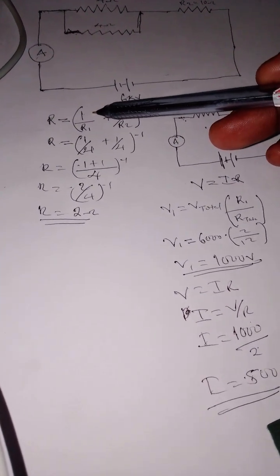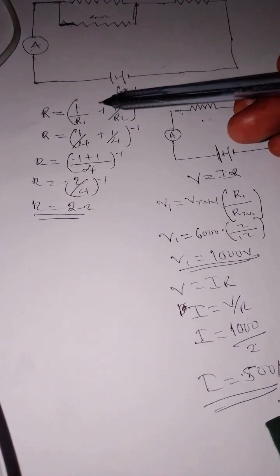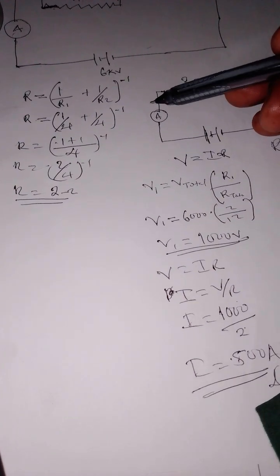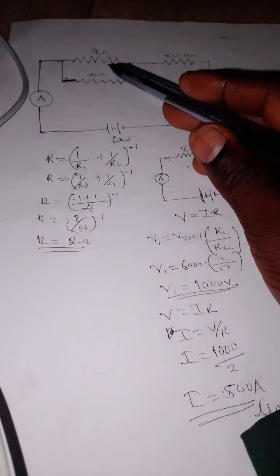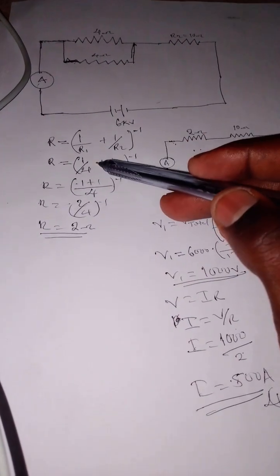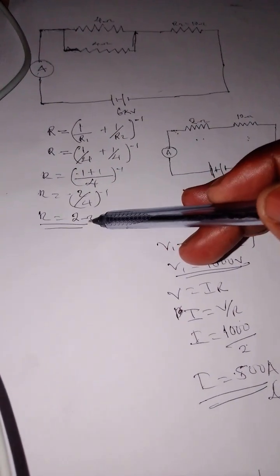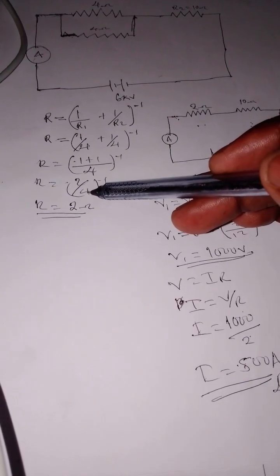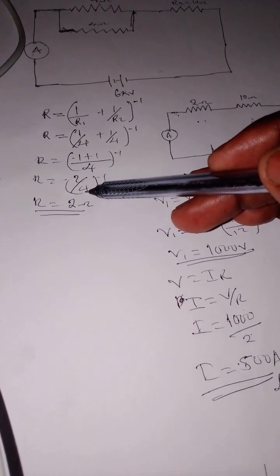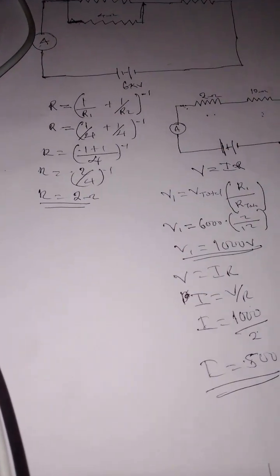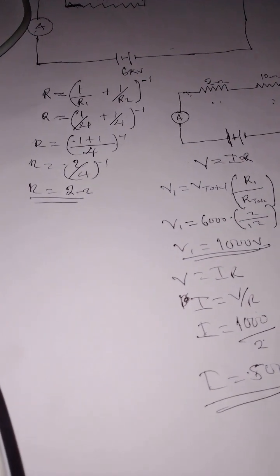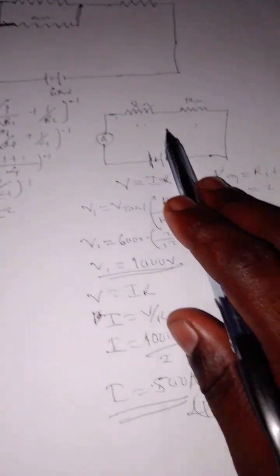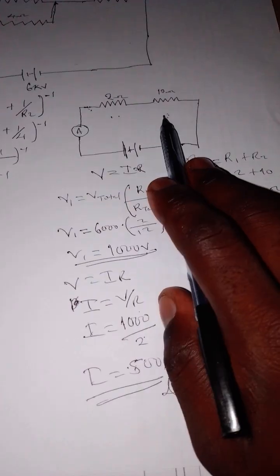So in parallel, 1 over R1 plus 1 over R2, raised to the power negative 1, is an inverse. This is 4, this is 4, so 1 over 4 plus 1 over 4, we are going to get 2 ohms, because of the inverse. So the resistor is 2 ohms, which is going to look like this. From there it is going to look like this. They are going to be in what?